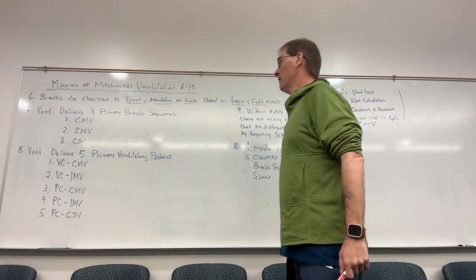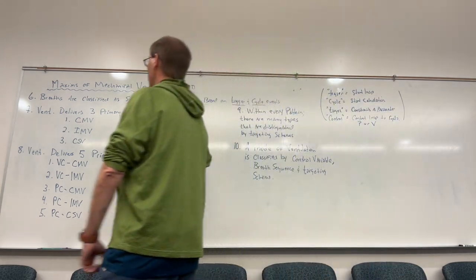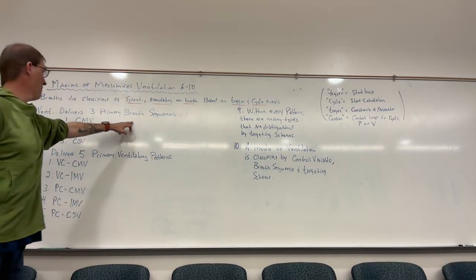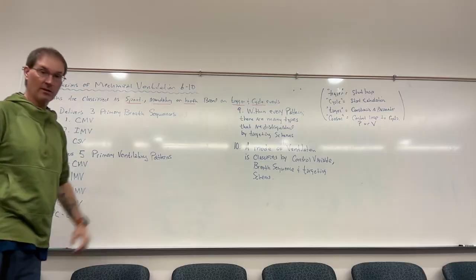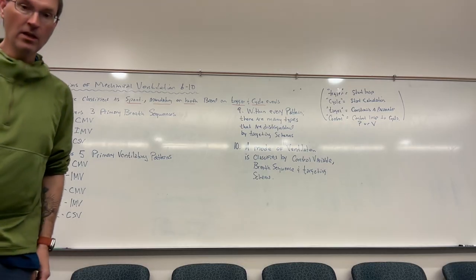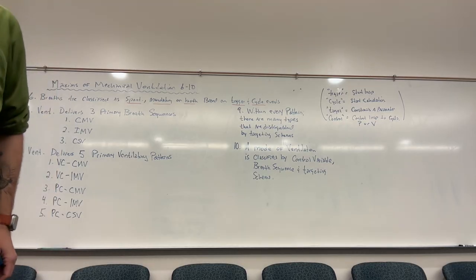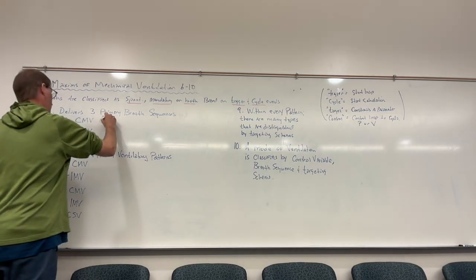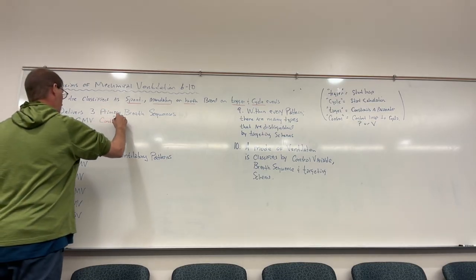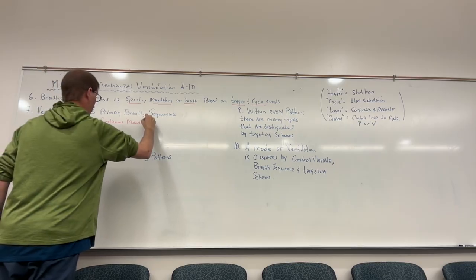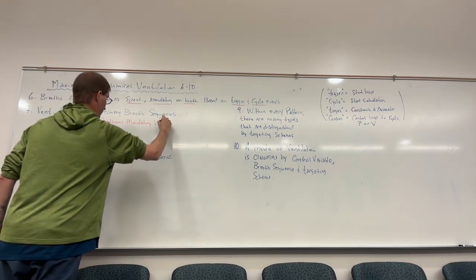All right? And so what a ventilator can do is it can deliver 3 primary breath sequences. And these sequences include CMV, IMV, and CSV. So what does that mean? CMV is continuous mandatory ventilation.